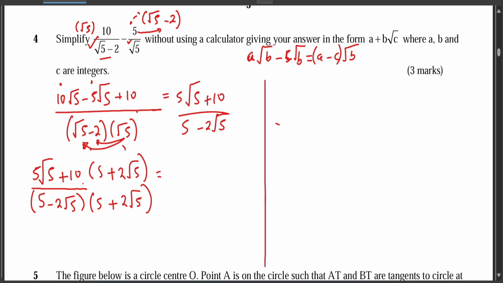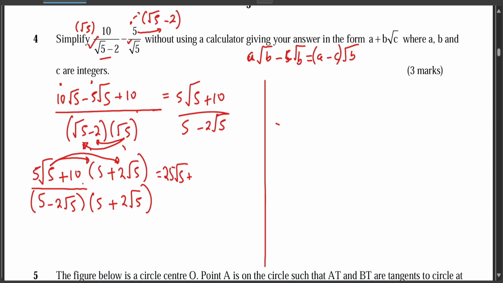So then you go the normal way. 5 root 5 times 5, how much does it give you? It gives you 5 times 5, which is 25 root 5. And then 5 root 5 times 2 root 5. So 5 times 2 gives you 10.